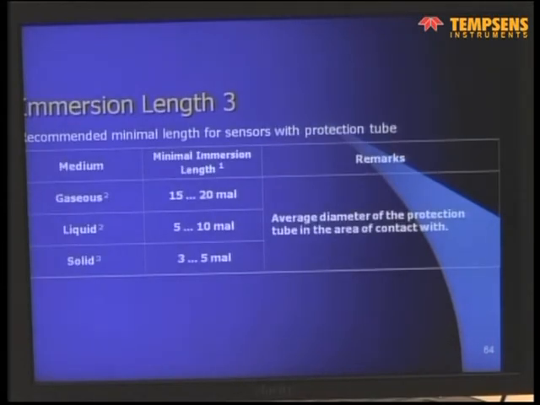Protection tubes, the same. In atmospheric ovens or furnaces, if you have a 22 millimeter protection tube, 20 times means 440, so 450 millimeters is the minimum immersion length you need. Anything below gives you error. And you have to take into consideration and estimate what the error is.